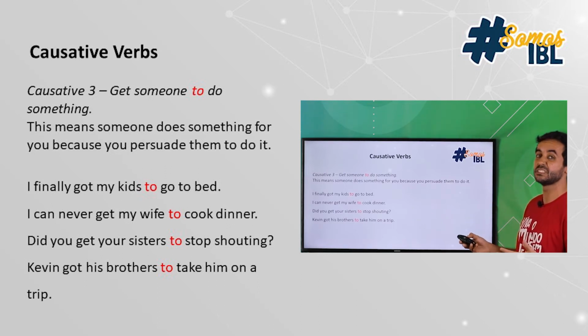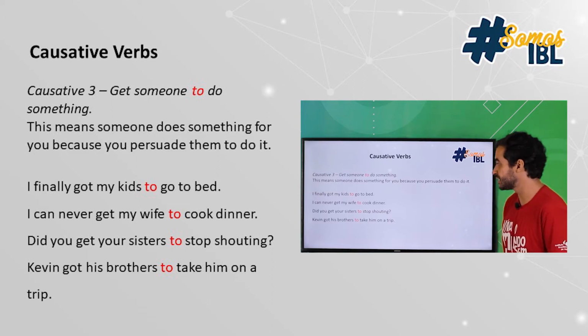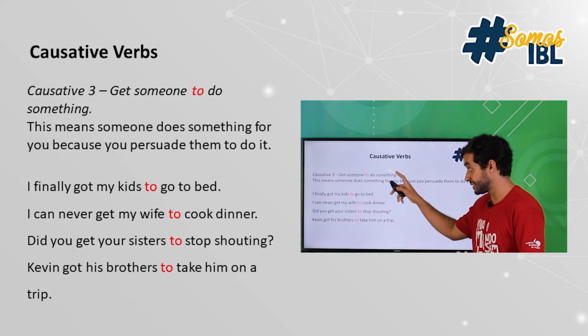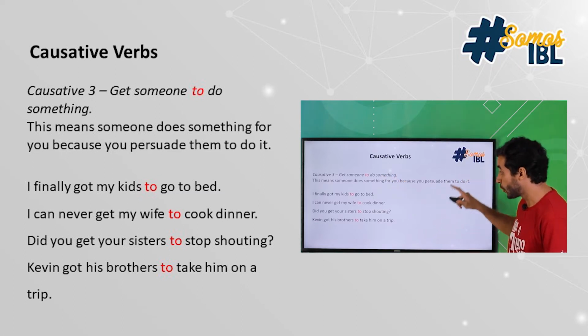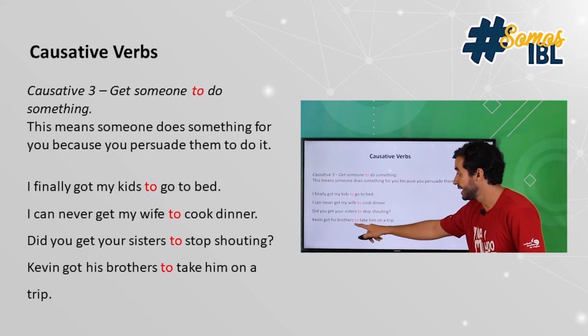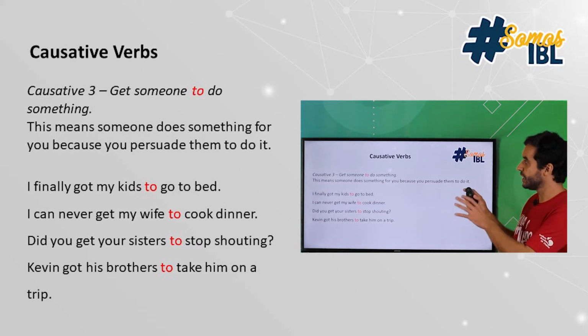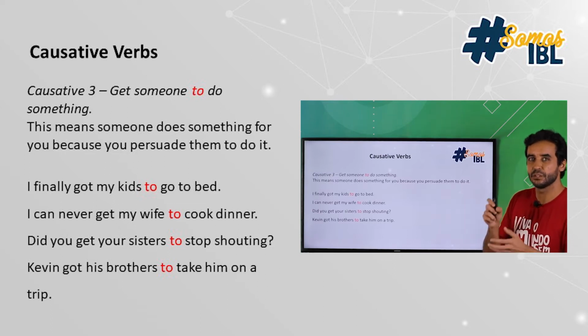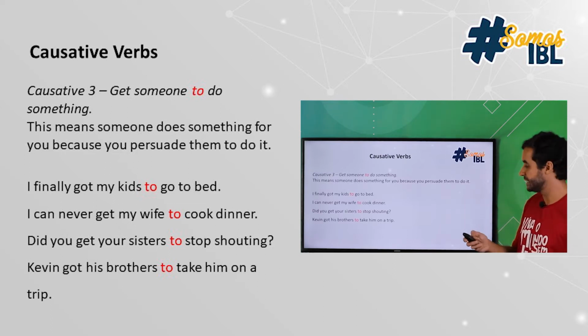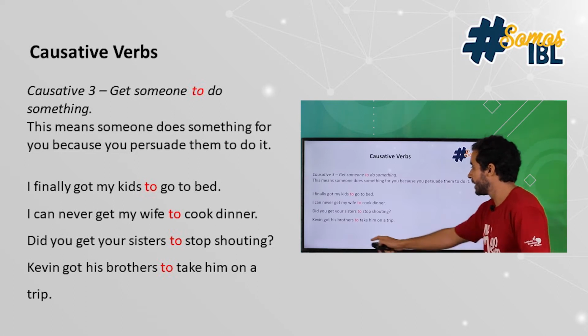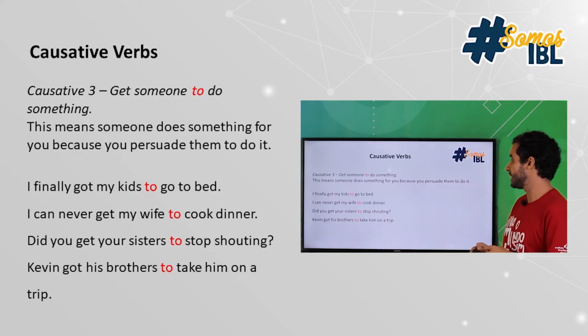It will be something like, I can never convince my wife to cook dinner. Okay, so pay attention because now we are using the verb in the infinitive, right? All causative verbs mean basically the same, but the use in the sentence is slightly different. Kevin got his brothers to take him on a trip. So he convinced them.